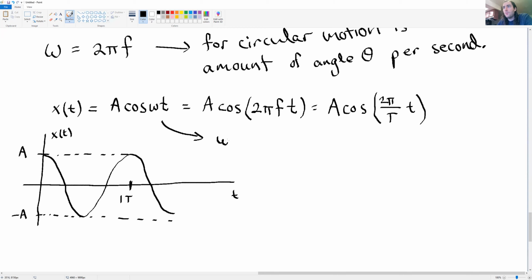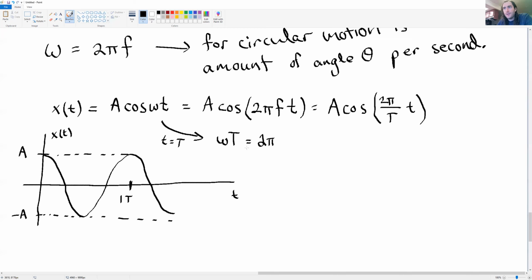So when omega times capital T, so when t equals capital T, then this should be equal to 2 pi. Indeed, we can see that this is the case.